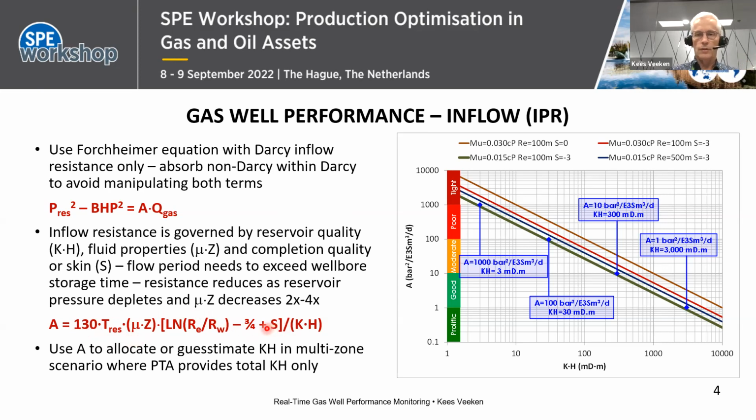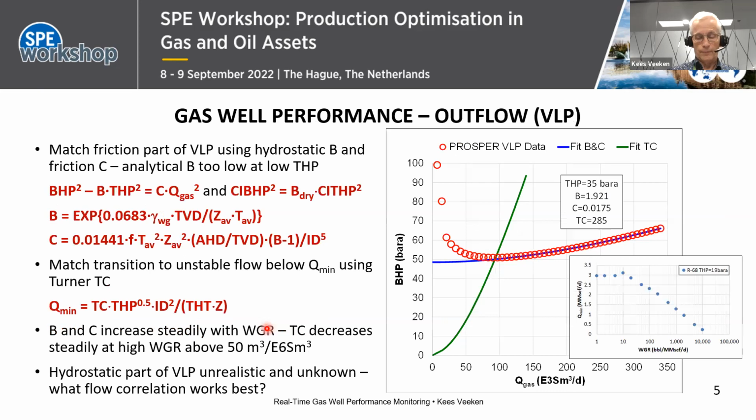That's a bit of advertising for multi-rate PLTs and for using IPRs, inflow performance relationships, and the resistance term to estimate your KH. It's not a bad wet finger estimate that you get. Okay, that's inflow. So we keep it simple, just one inflow performance parameter.